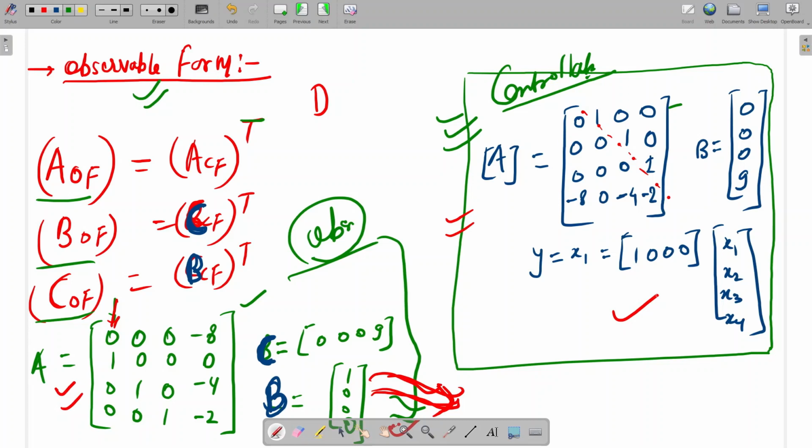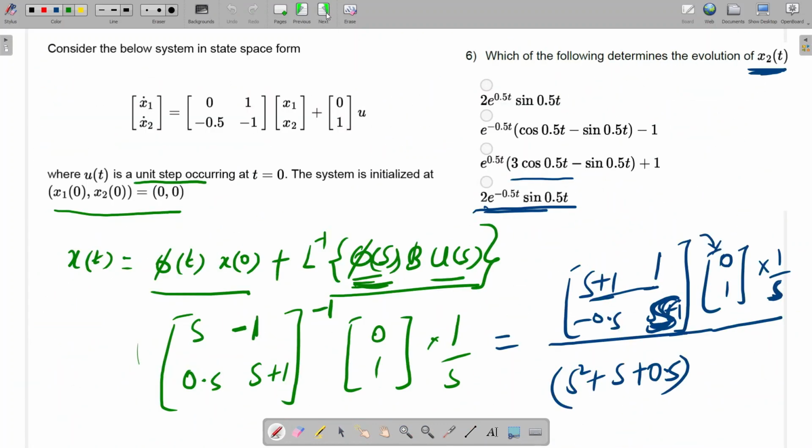So B of observable will be the transpose of C of controllable. Similarly, C of observable will be the transpose of B of controllable. Here B is 0 0 0 9, so C will be the transpose of this one and B will be the transpose of this one. Similarly, we'll do it here also.